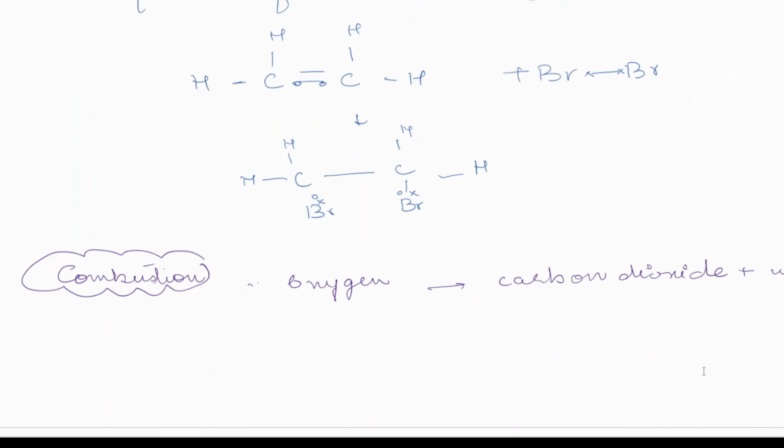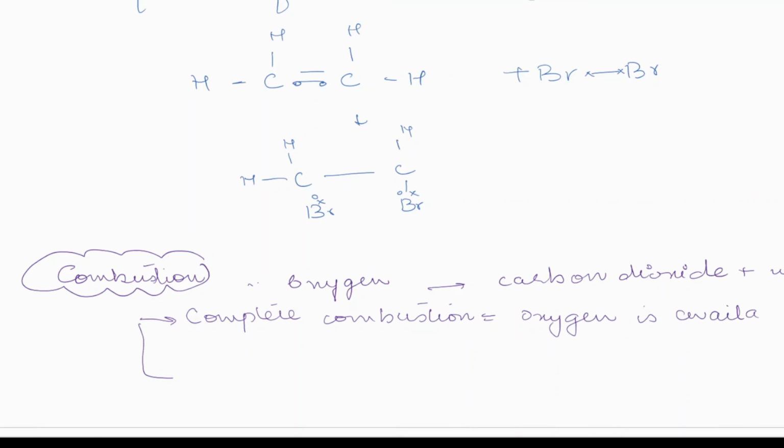There are two types of combustion. One is known as complete combustion and the other type is known as incomplete combustion. In complete combustion, oxygen is available in excess and it will result in the production of carbon dioxide.